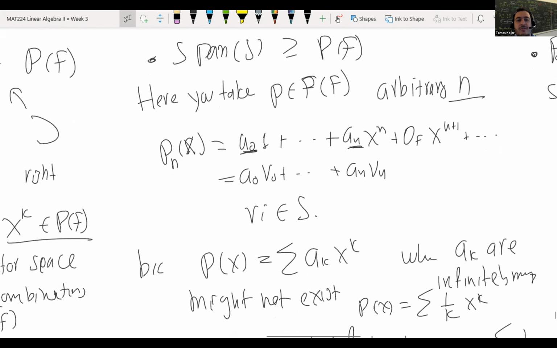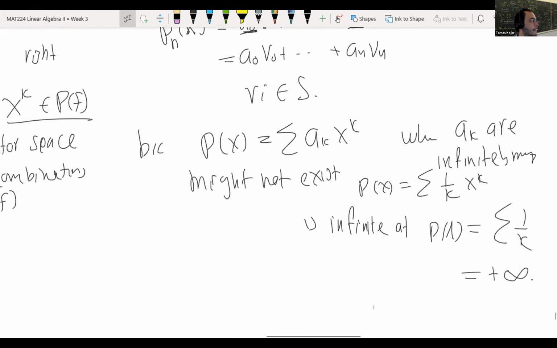This is not the set of power series. This is the set of arbitrary degree. Because I'm afraid of things like the one I wrote, where this is not even defined for all x. At x equals 1, it blows up. You don't even have well-posedness.